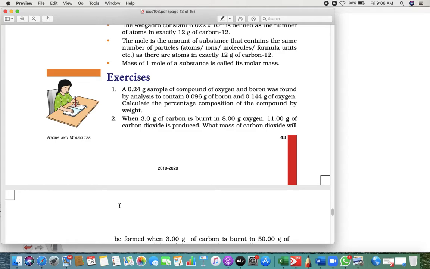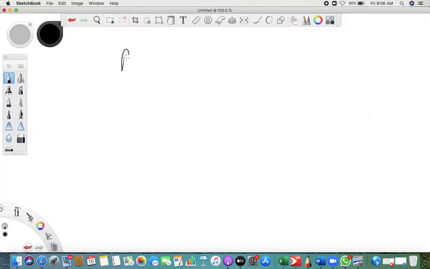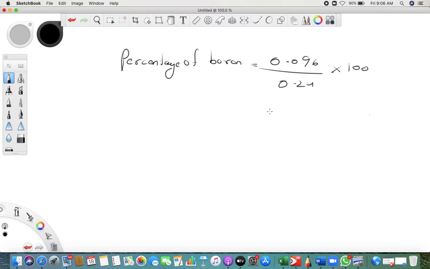So it's very simple. Percentage of boron: given mass of boron is this, total mass is 0.24, into 100, remember, and when you calculate it is 40%. So it is as simple as it is.